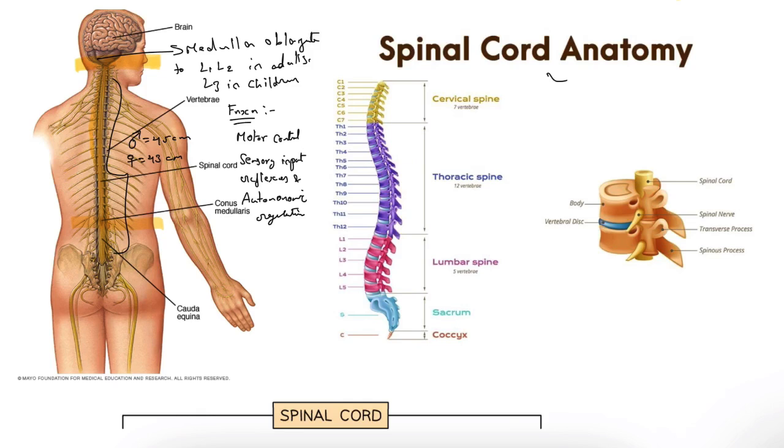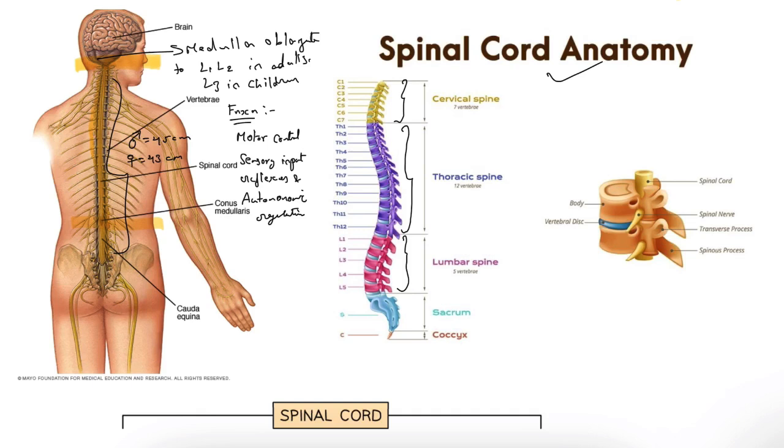The spinal cord is divided into segments, or you can say vertebrae. Here you can see C1 to C7, here T1 to T12, here L1 to L5, and here the sacrum. The sacrum has 5 bones, but they are fused with the coccyx, and total S1 to S5 will fuse. Okay, fused bones.